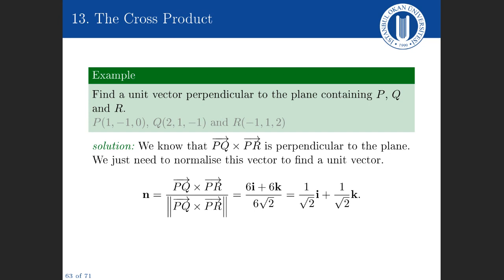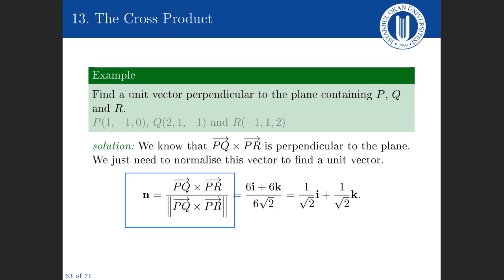Find a unit vector perpendicular to the plane containing P, Q, and R. Same P, Q, and R as used previously. We've already found a vector which is perpendicular to the plane. Now we're asked to find a unit vector which is pointing in the same direction. We know how to find a unit vector which is pointing in the same direction as PQ cross PR.